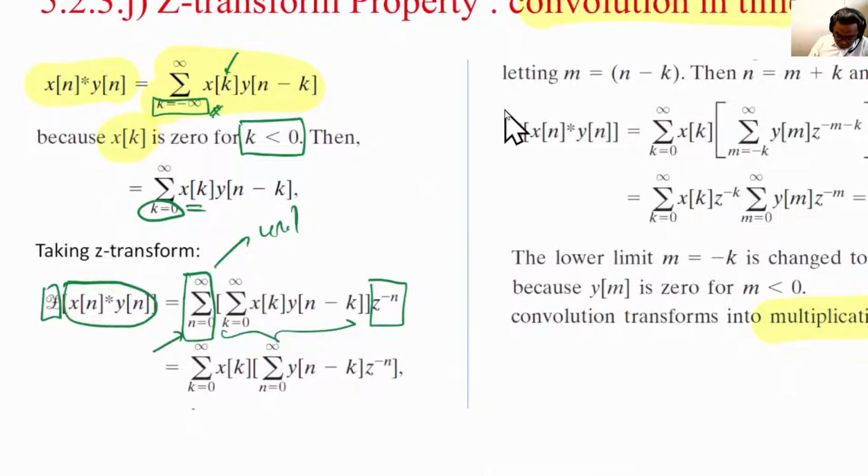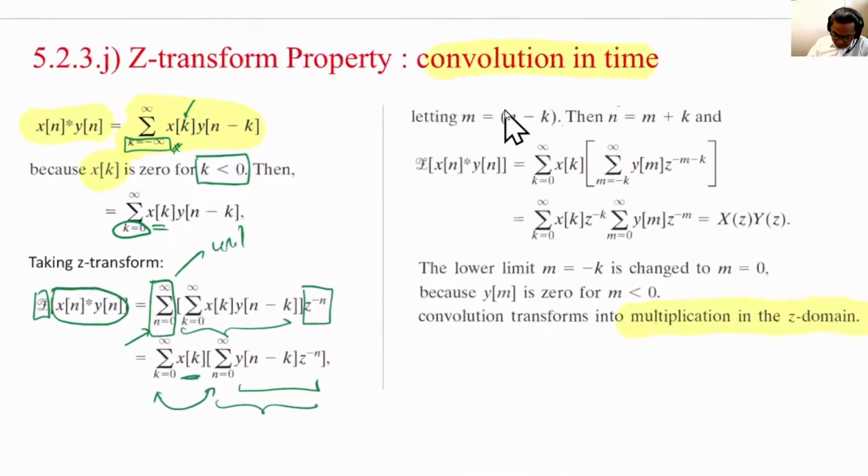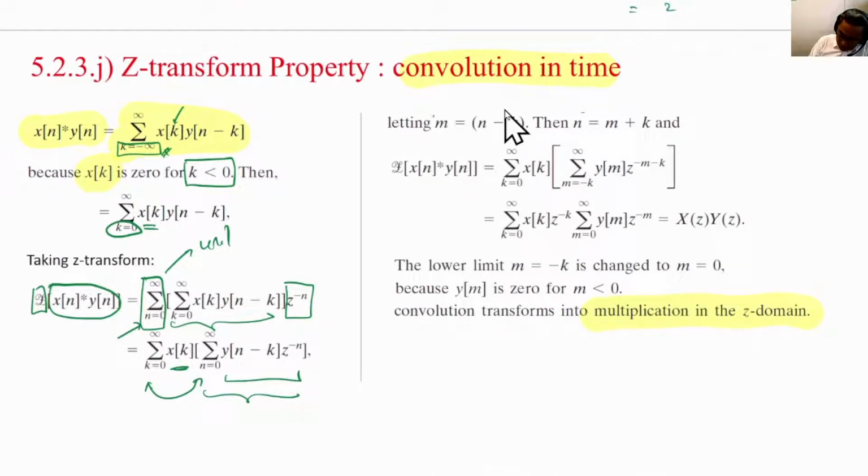We swap the summation and bring x[k] out, because we want to focus on y[n] z to the minus n. This is on the way to making the second expression become Y(z). Let's see what happens. We first let m equal n minus k, therefore little n is equal to m plus k.